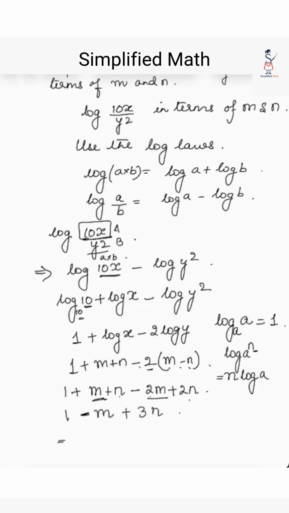So what will be the answer? 1 minus m plus 3n. Fine. So what is the value of log 10x by y square? It's 1 minus m plus 3n.